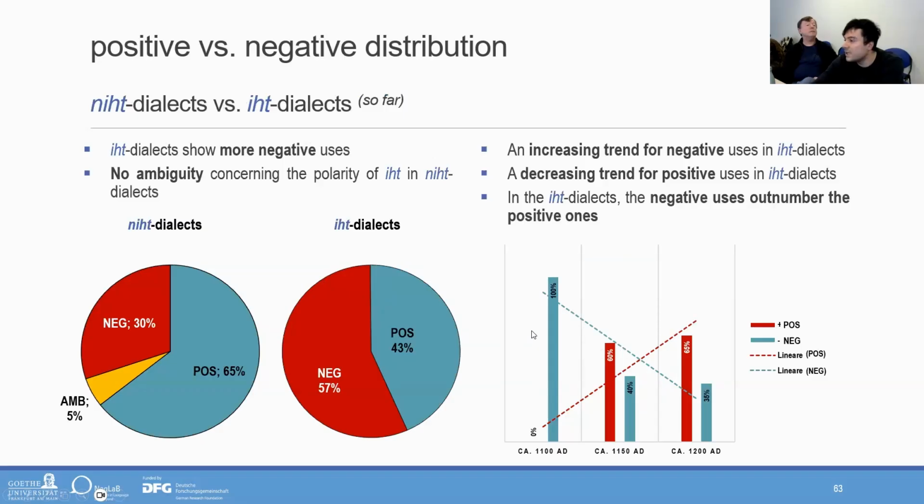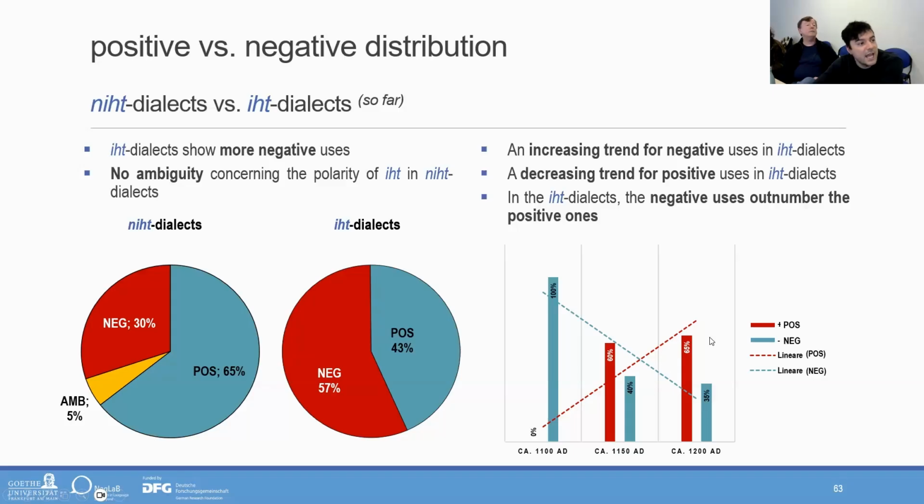Compared with the ich dialects, again, we can see that it's totally different in those dialects. Ich dialects show more negative uses, as you can see here. And again, here there are no ambiguous cases. Already by the end of the 12th century, that is already settled. And if we look at the development of the uses in these dialects, we can see that similar to the niht dialects, also here the negative use has increased and the positive one has decreased.